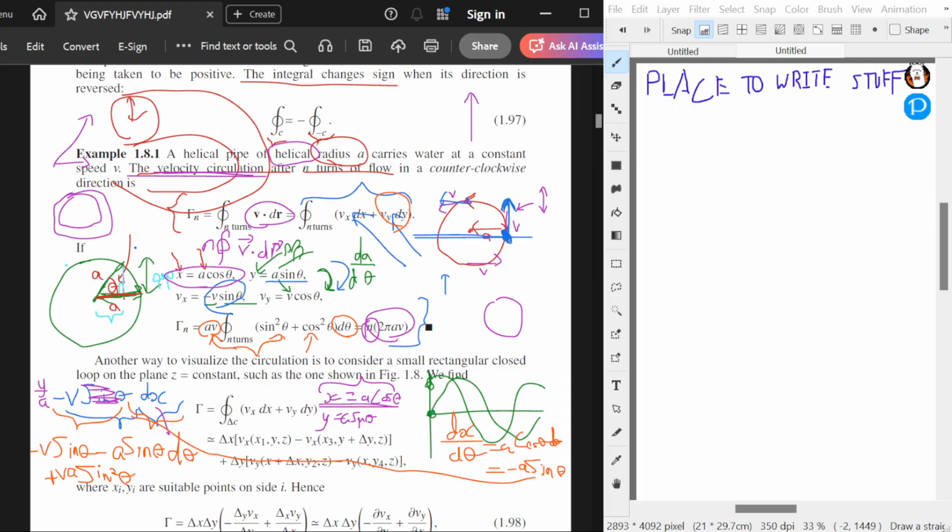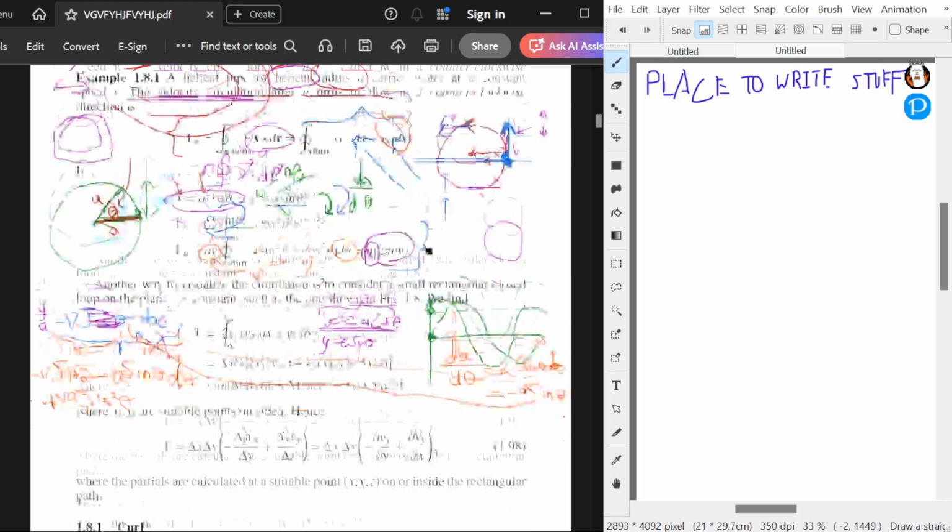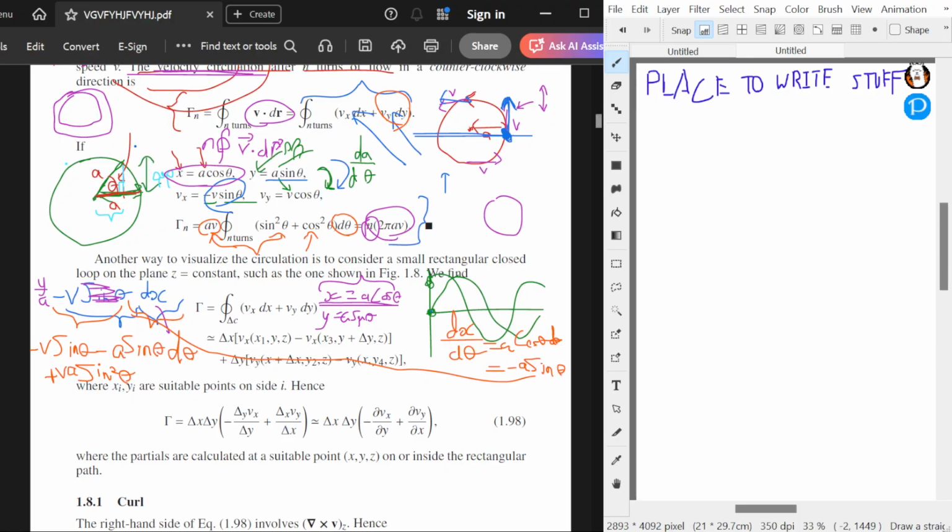Another way to visualize. Oh, wait. Before we go there, sine squared plus cos squared is 1. So av times the integral of 1 is just theta.